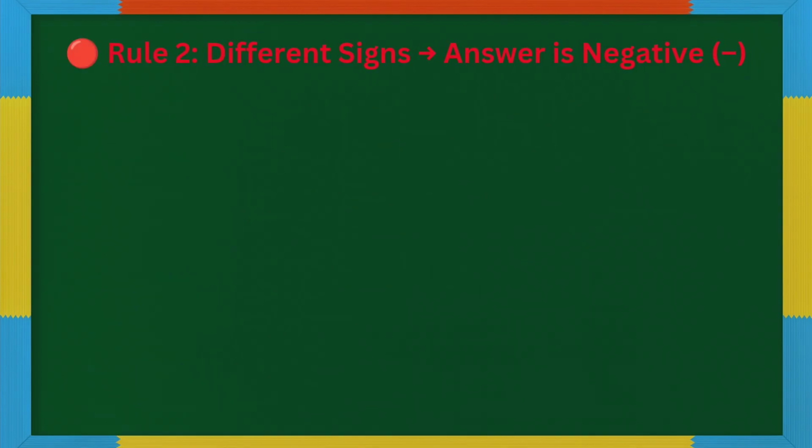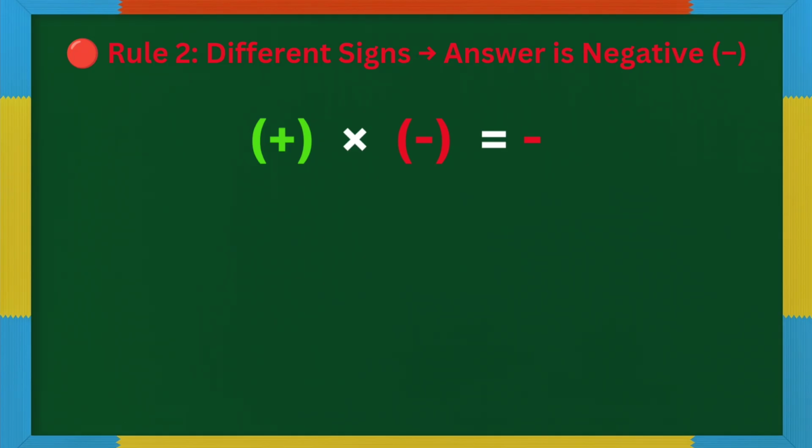Let's now learn rule number 2 for multiplication and division. When the signs are different, the answer is always negative. Here also, there are two rules for multiplication and two rules for division. Let's go with multiplication rules. Rule number 1 is when you multiply a positive number with a negative number, the answer is always negative.